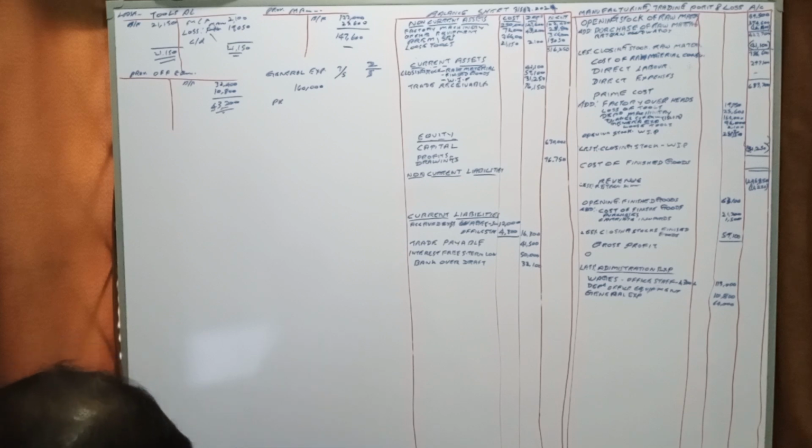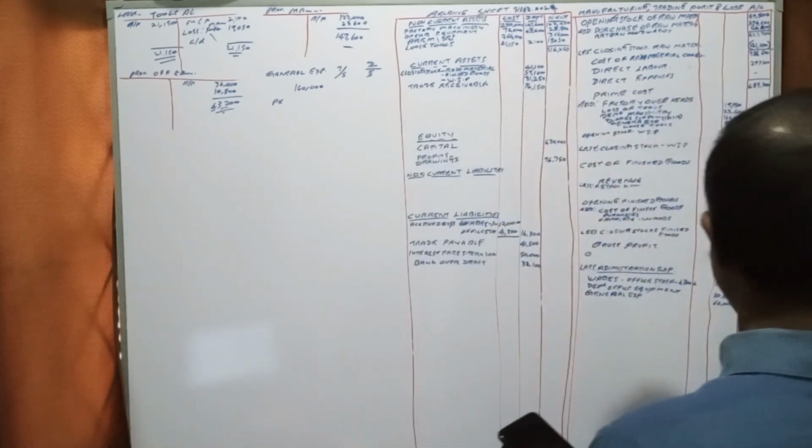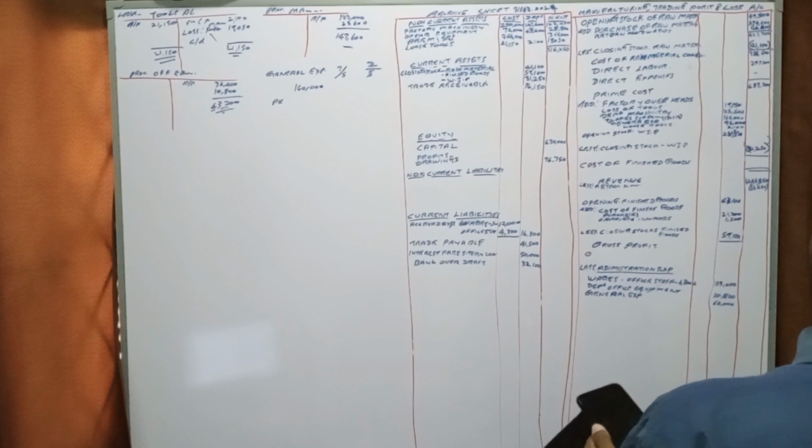We have to see the labor cost: wages, factory supervisors 152, right?